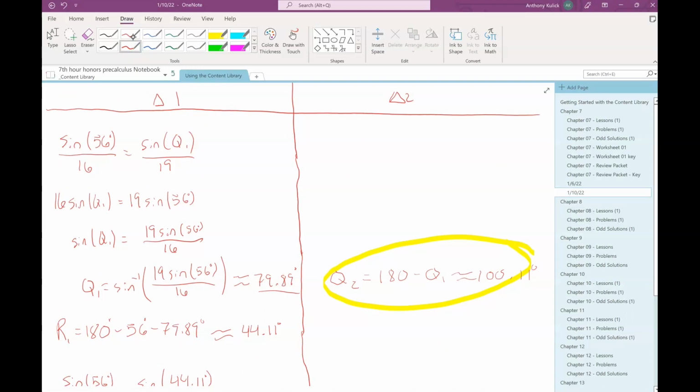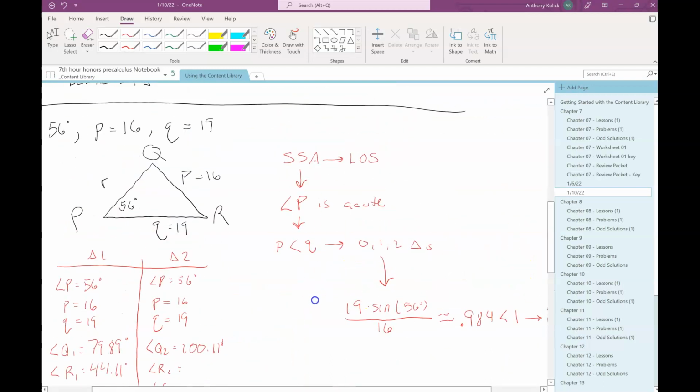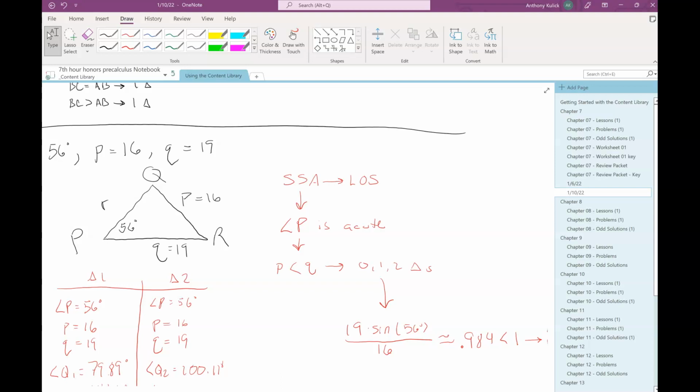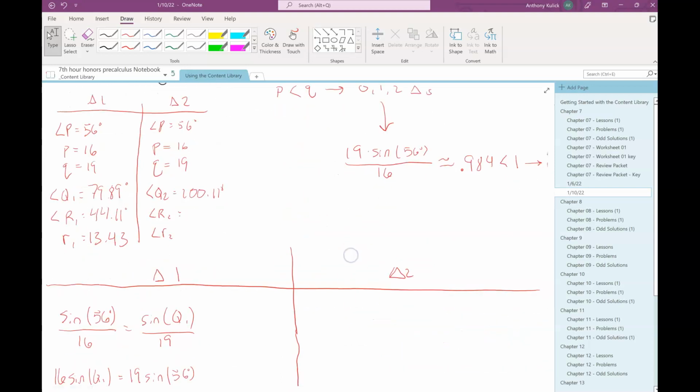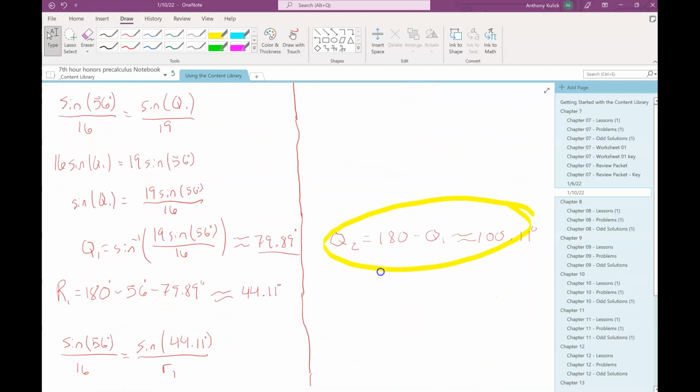So I'm going to just highlight that, but that's always the situation. Luke? Okay. Since we know P and Q2, it's really easy to get R2.